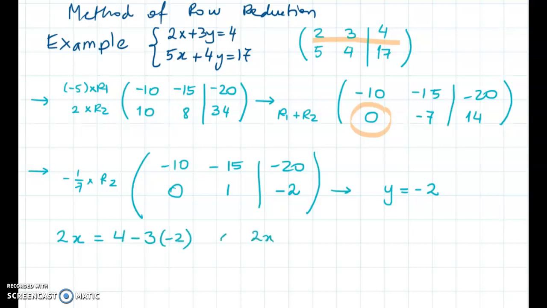So 2x is equal to 4 plus 6, which means that x is equal to 5. Then the solution for the system we have is 5 and negative 2. And remember, we could check the solution if we wish to do so. And we solved it by the method of row reduction.